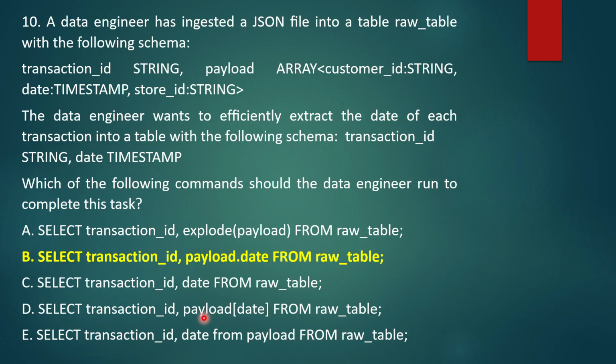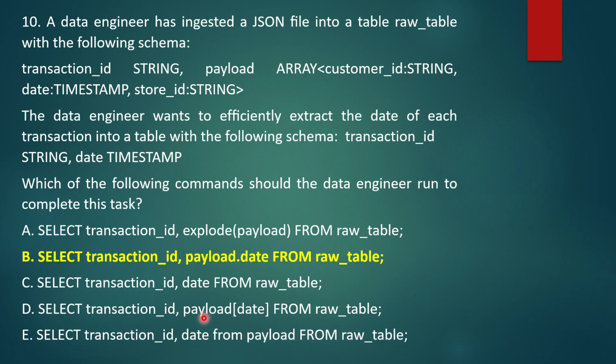Which of the following commands should the data engineer run to complete this task? Here they have given options A, B, C, D. By seeing these options, we have to choose the correct answer.